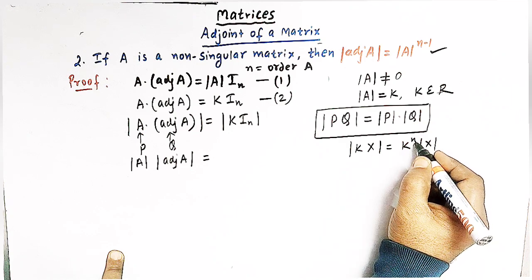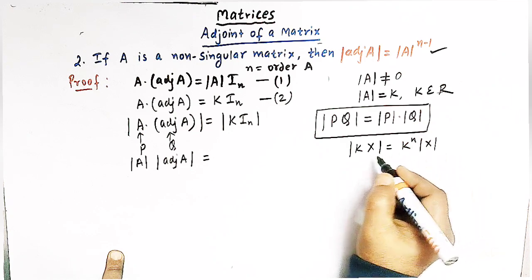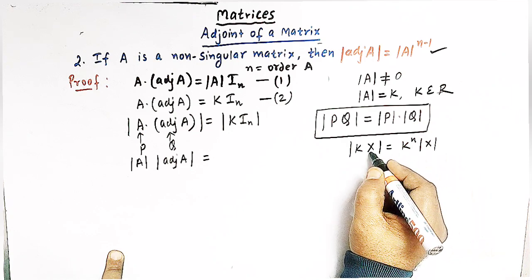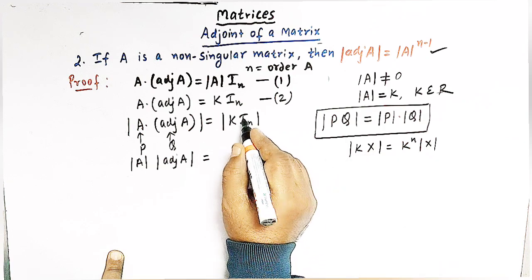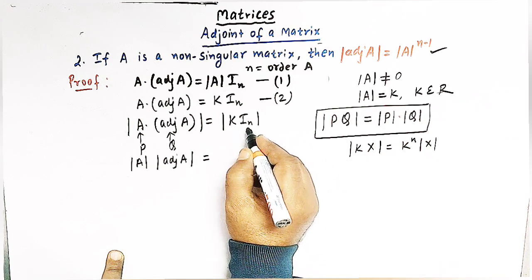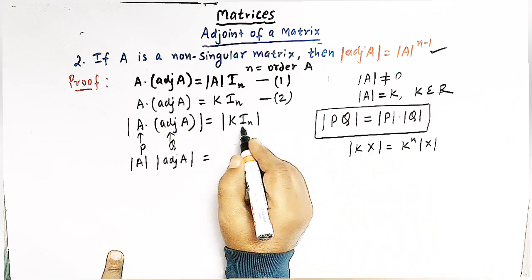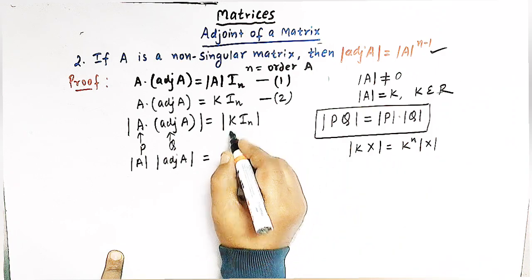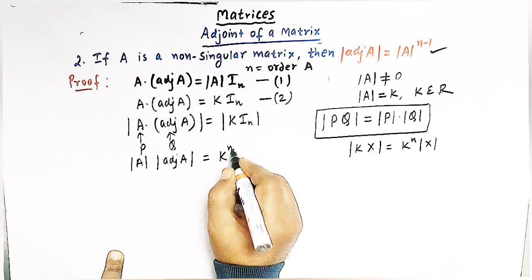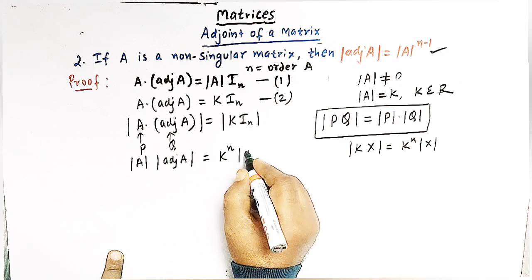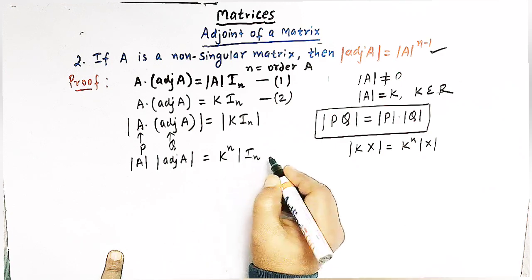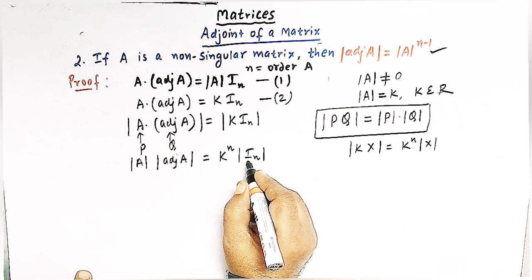Here n represents the order of matrix x. The identity matrix is of order n, so we can take this matrix x as I, and write k raised to n times the determinant of the identity matrix I.